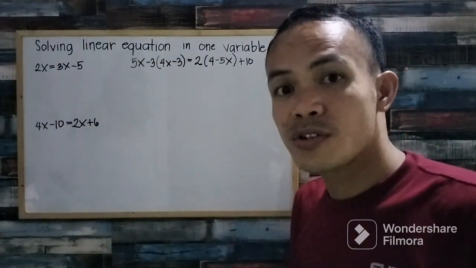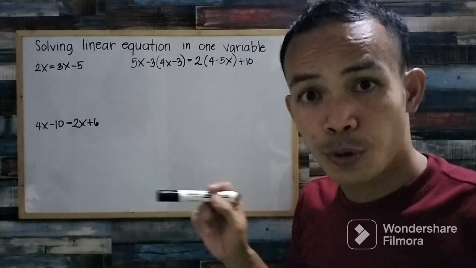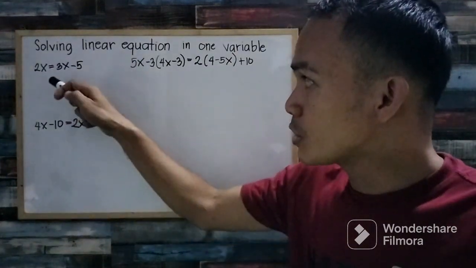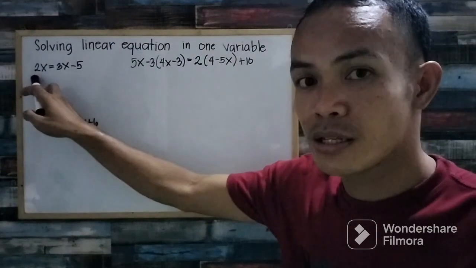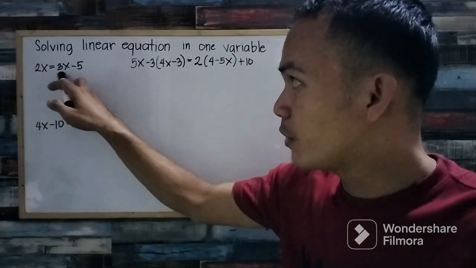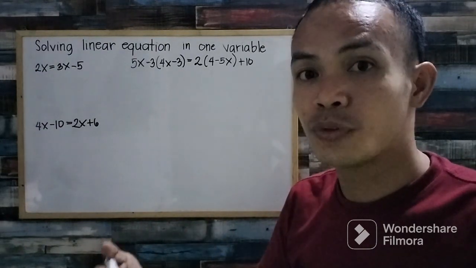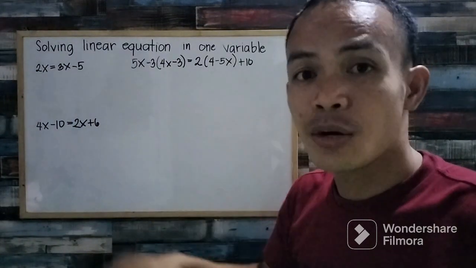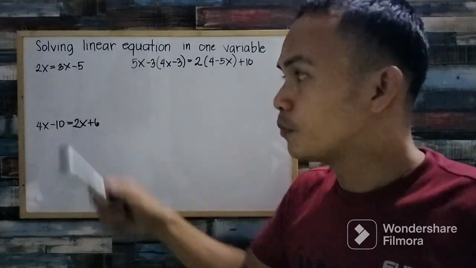So, there are different strategies that we are going to use here. Depende kung ano yung problem natin or ano yung equation. Okay? So, sa first, meron tayo ditong 2x in the left side and 3x in the right side. Always remember that we have to combine the same terms. Okay? So, ano yung gagawin natin dito so that makombine natin yung the same terms.